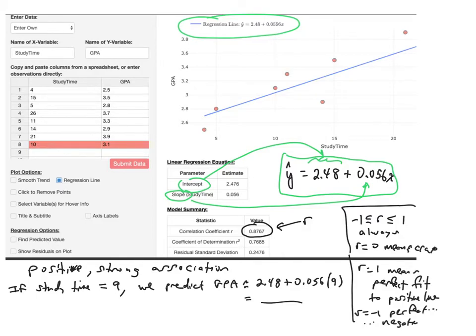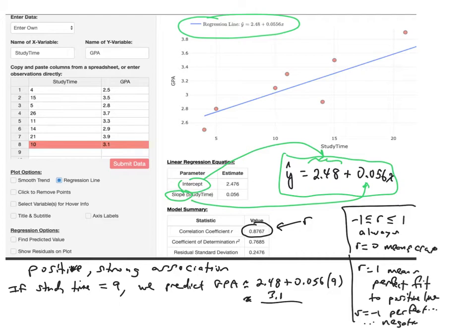So that number, it's about 3. Who am I kidding? Anyway, it's around 3.1, maybe 3.2. So that's the GPA prediction for someone who puts in 9 hours of study time.